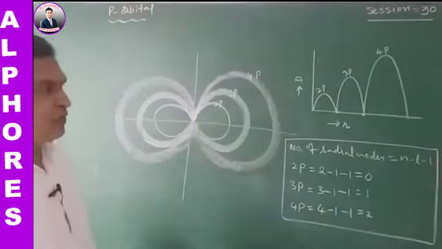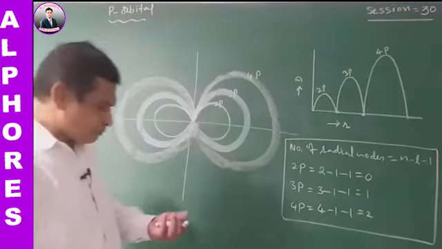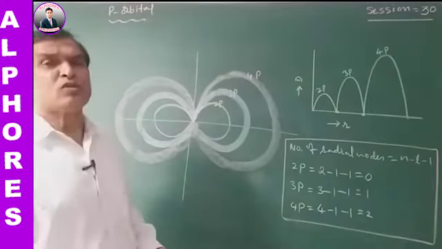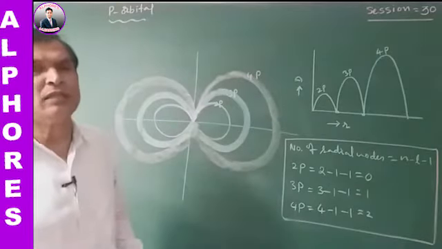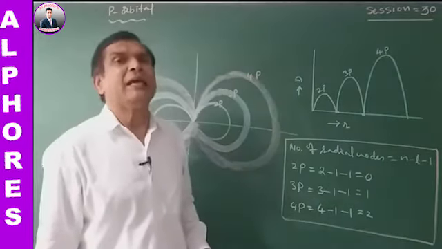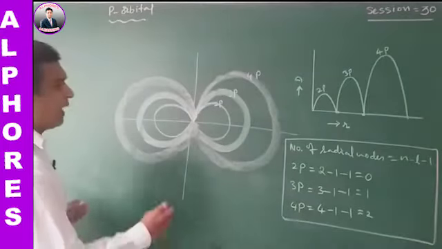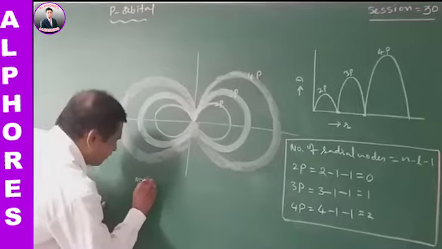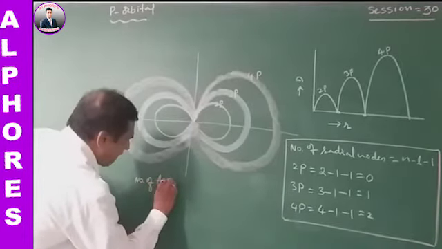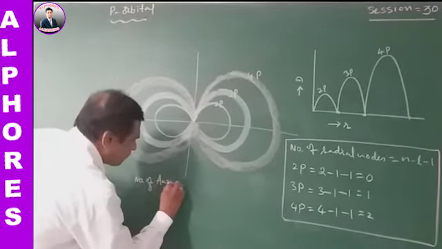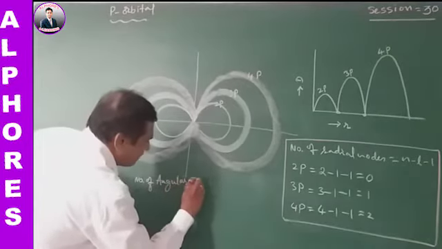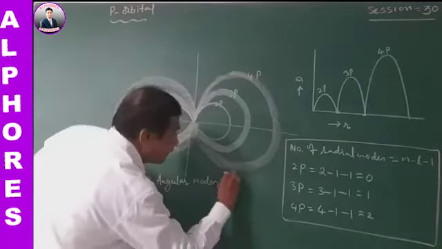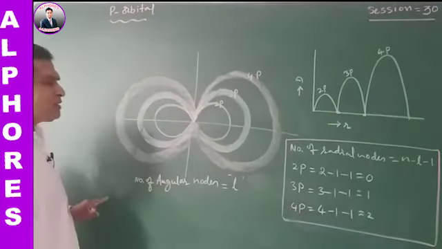Next, what are the angular nodes for them? Angular nodes are nothing but the number of nodal planes. Let us write the concept here. Number of angular nodes always equal to L value.